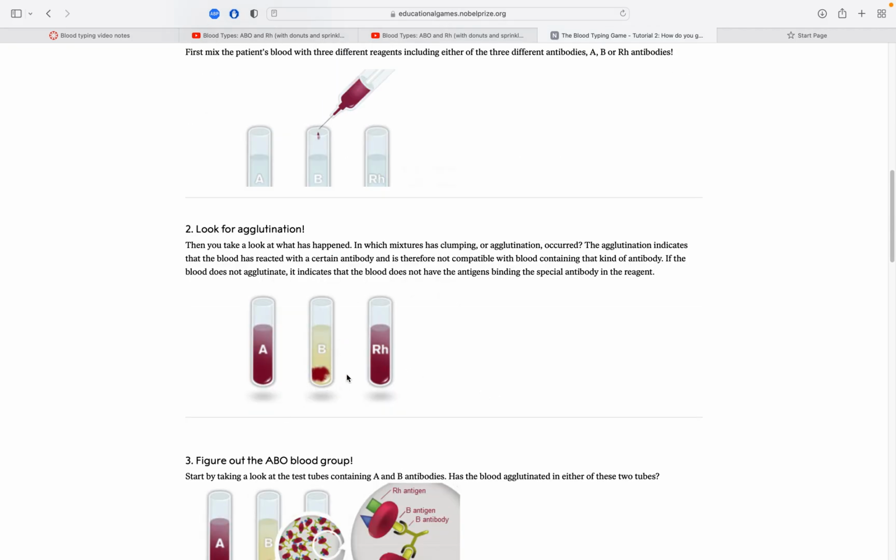So you see that? This blood type would be B negative because there is no reaction in here. So wherever you get clumping, that is your blood type, because now you're showing that the B antibody is in this test tube. The only way it would clump is if this blood had B antigens.